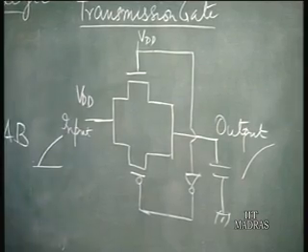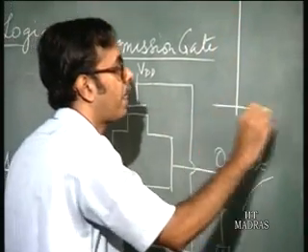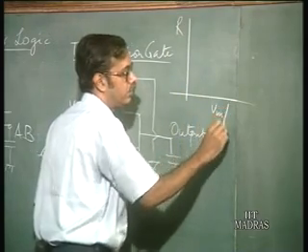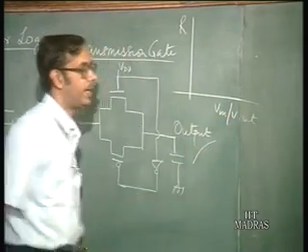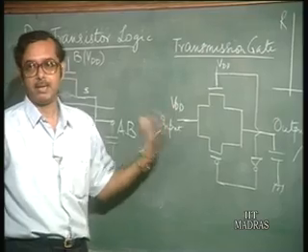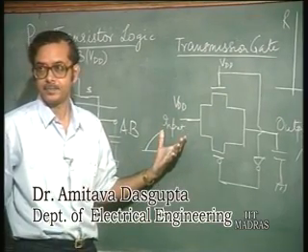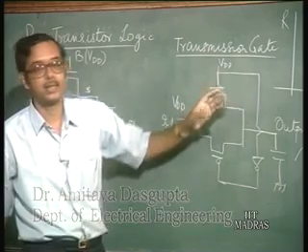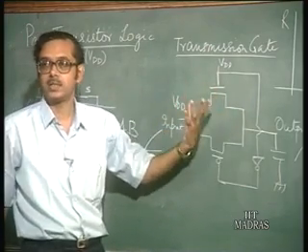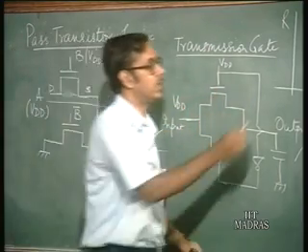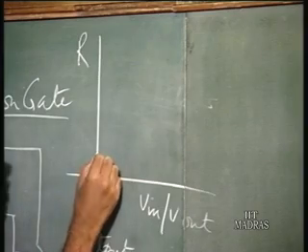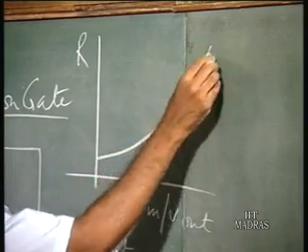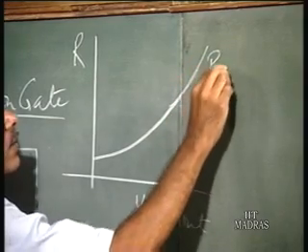Now, if you plot the resistance versus V in or V out, for the NMOS transistor, what is happening is, as the voltage goes higher and higher, the gate to source voltage is reducing. So, the resistance of the NMOS will go up like this. I shall say R on for the NMOS.